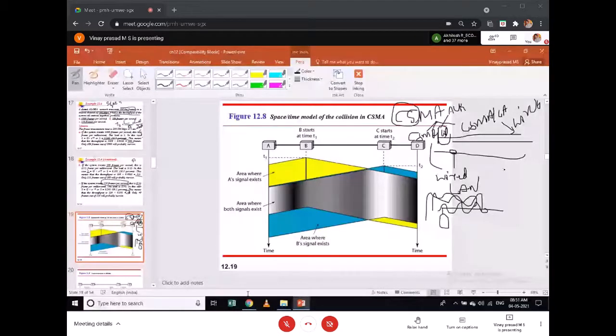If it receives the collided signals, it detects the collision, meaning it comes to know its own data was involved in a collision, so the same data will be retransmitted again after following the procedure we defined in carrier sense multiple access.